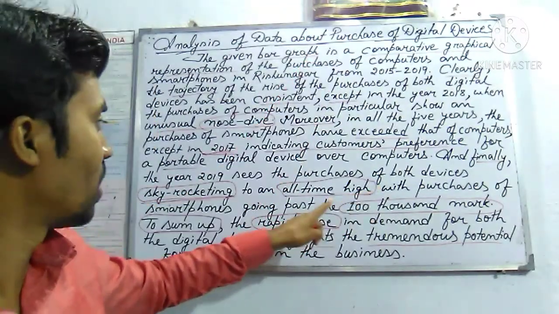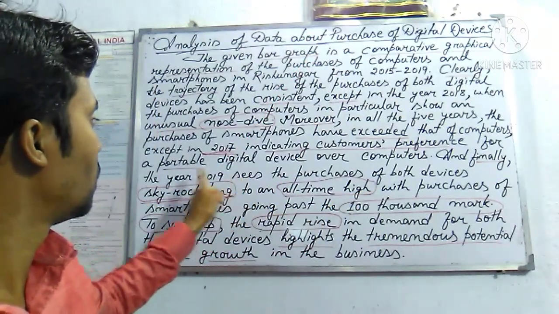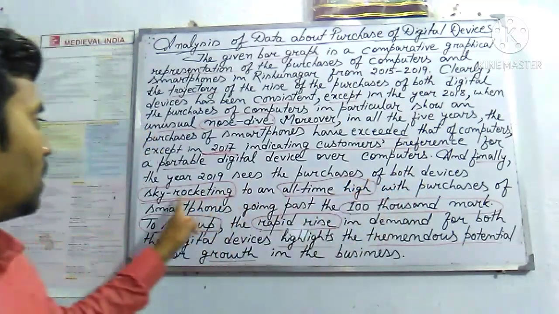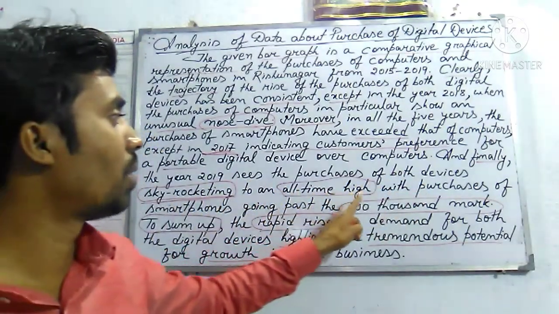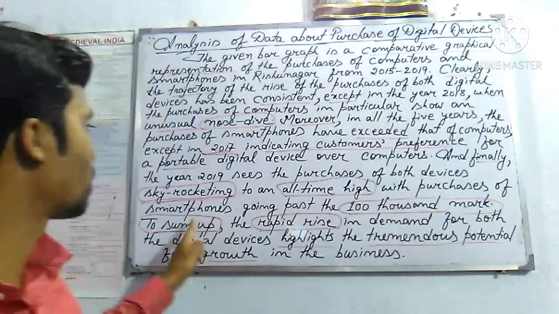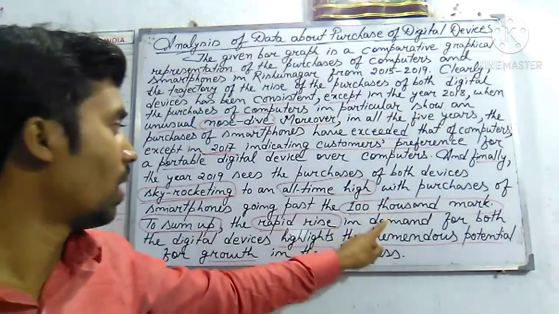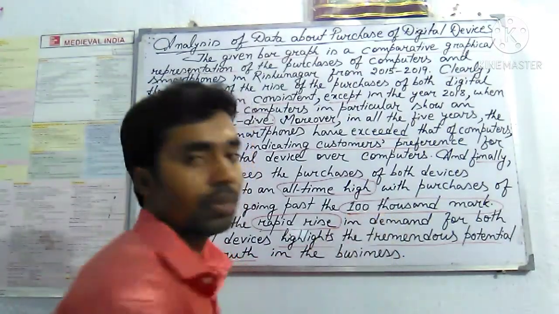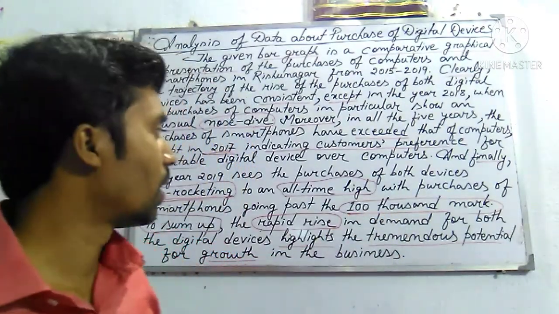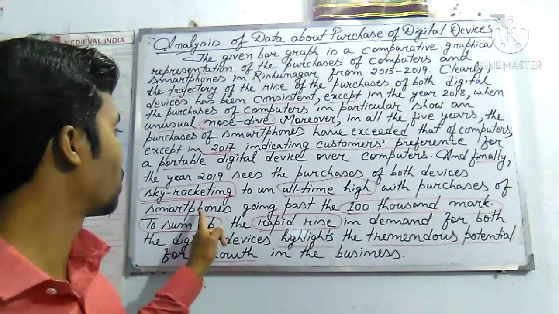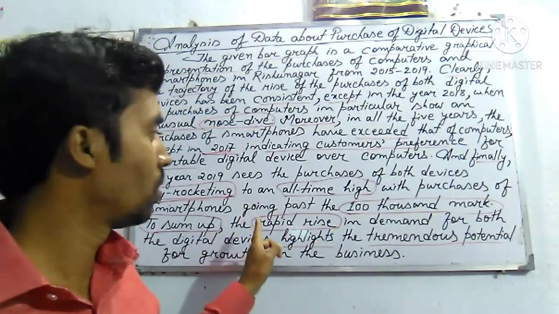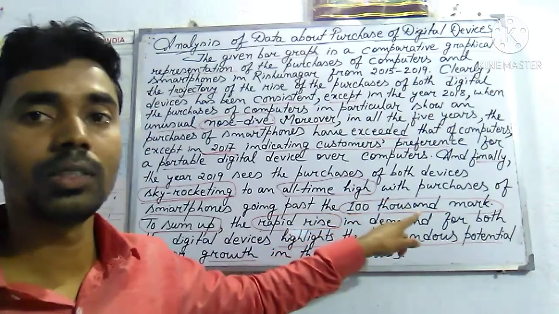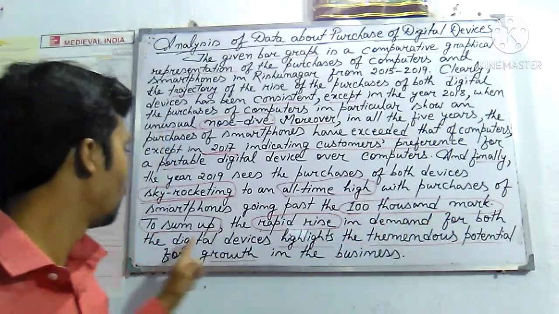So we will mention that the year 2019 sees the purchases of both devices skyrocketing to an all-time high, with purchases of smartphones going past the 100,000 mark, right? So you have mentioned it in figures also, in digits, that the purchase of smartphones went past the 100,000 mark, right?